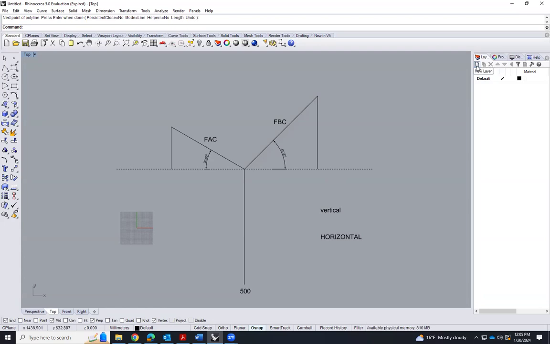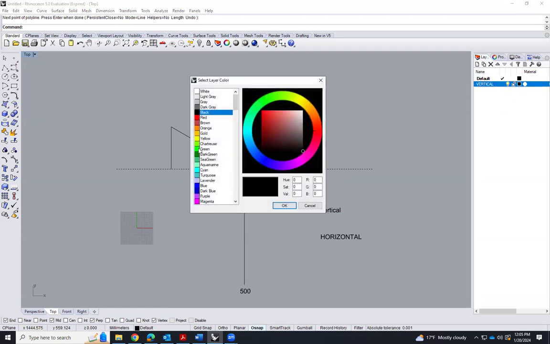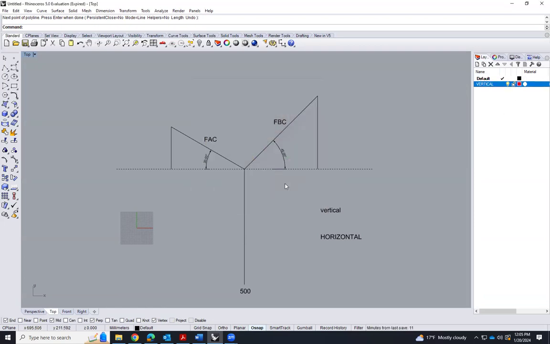And I'm going to create a new layer, vertical, and I'm going to make it red. So this is going to be a vertical line, and this is a vertical component. So both are red. And I'm going to create another horizontal.